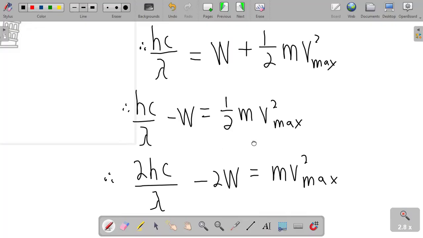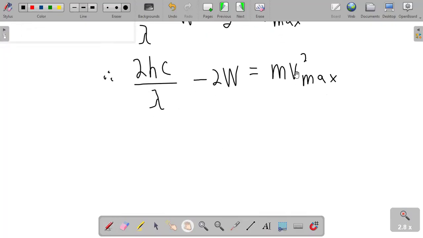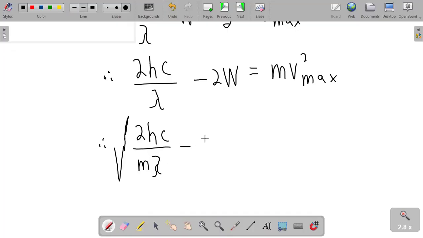And then at the end of the day, when we make v the subject, because we still have to divide by the m here, it's going to be therefore the square root of 2hc divided by m, then wavelength, minus 2W divided by m.